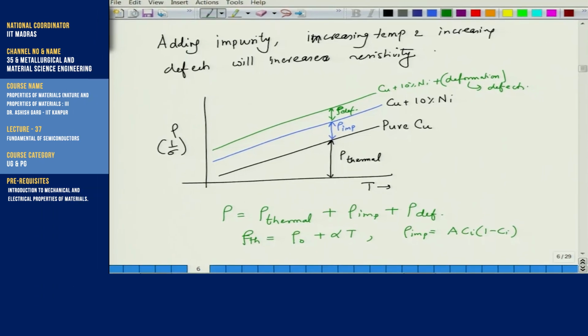Basically this is an additive kind of rule. So this is Matthiessen's rule of addition. Okay.